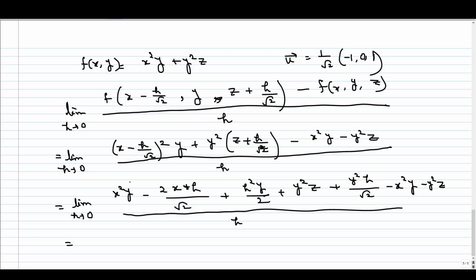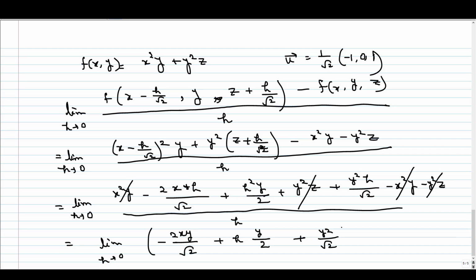If we see this x square y and this minus x square y cancel out, and this y square z and minus y square z will cancel out. So the remaining terms, if we write it, is nothing but limit h tending to 0. In the first term, this h and h will cancel, so I am getting minus 2xy by root 2, plus h y by 2, and plus y square by root 2.